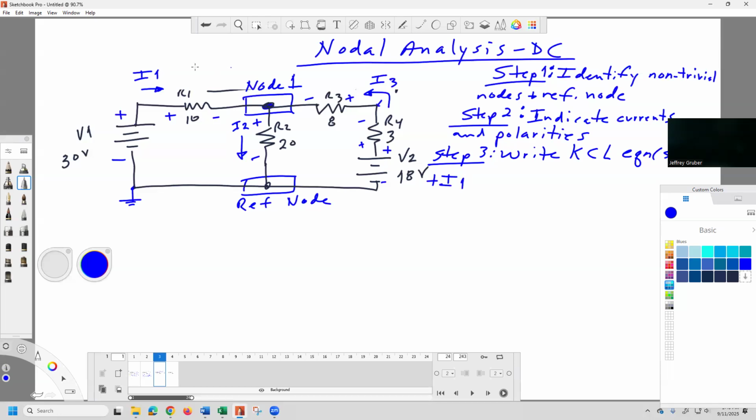Look at it, it's coming in. If it's leaving, it's minus. Plus I1 minus I2, I2 is leaving, plus I3 equals 0. That's Kirchhoff's current law. The sum of the currents entering and leaving a node equals 0.